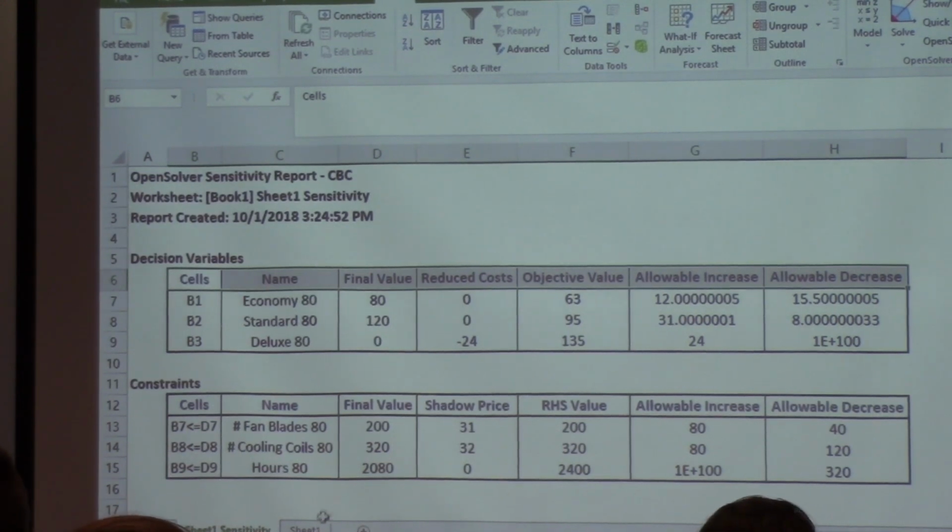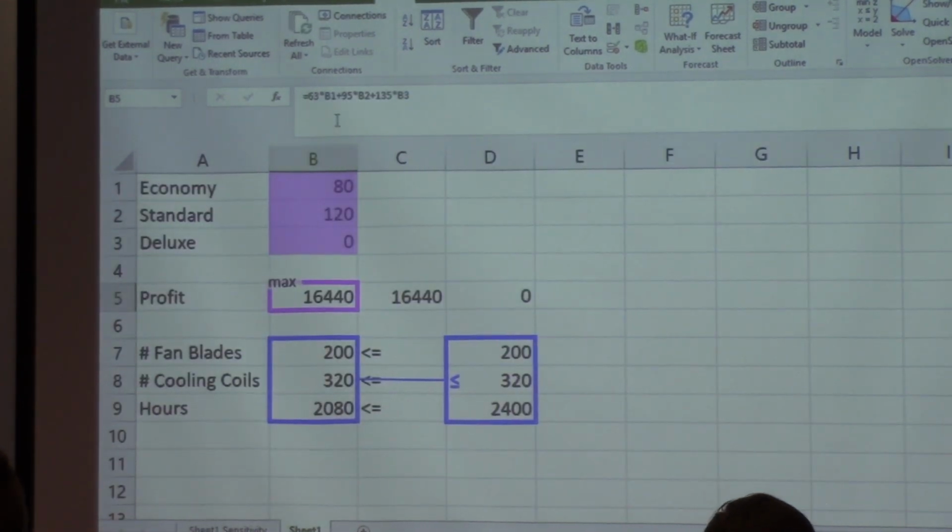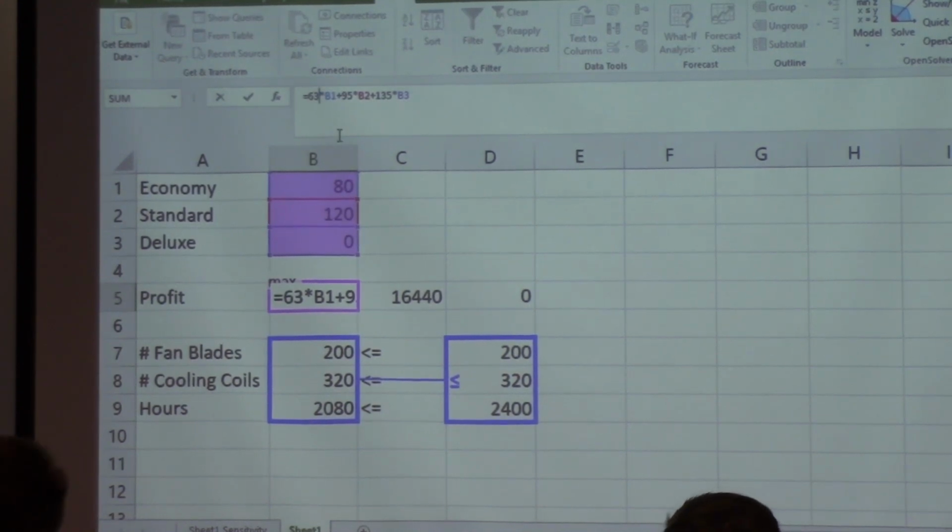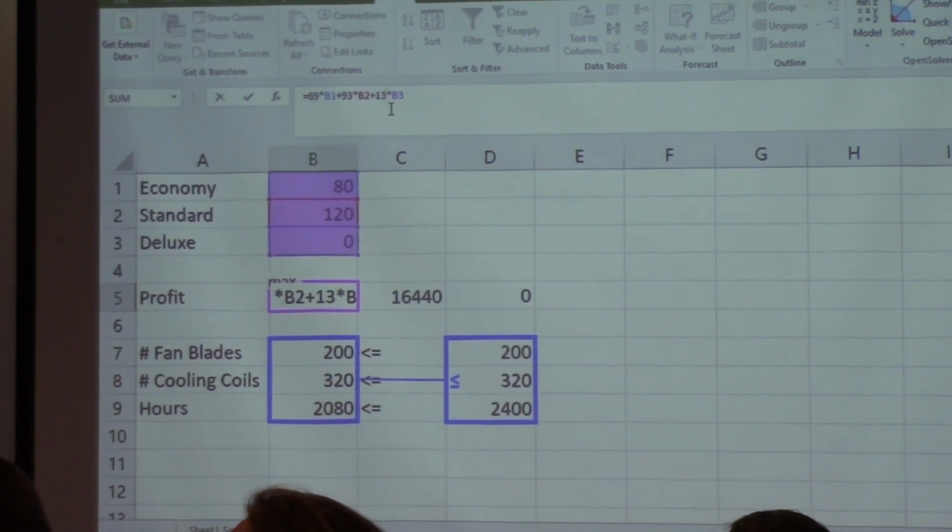So that's why we have to go back here and actually change them in our objective function. So if my notes are correct, it said to change it from 63 to 69 here, and from 95 to 93, and from 135 to 139.